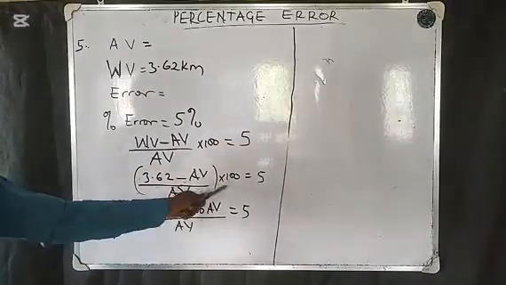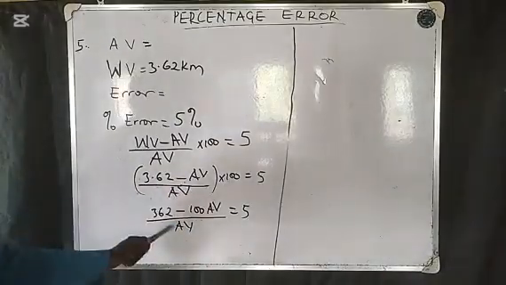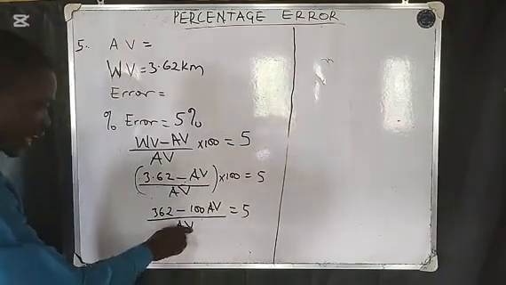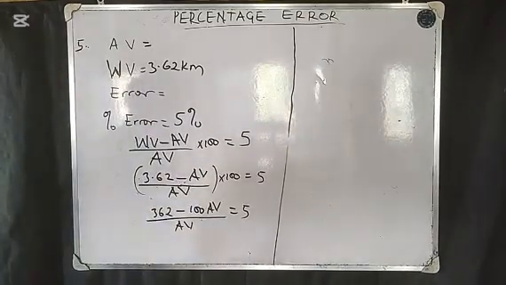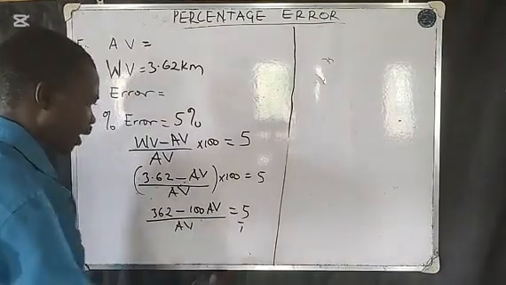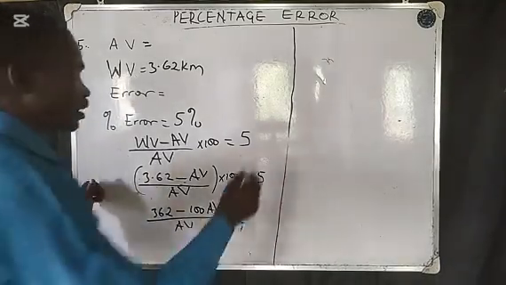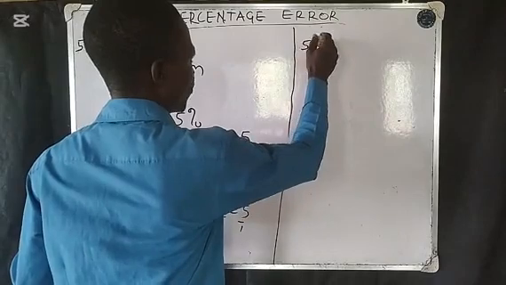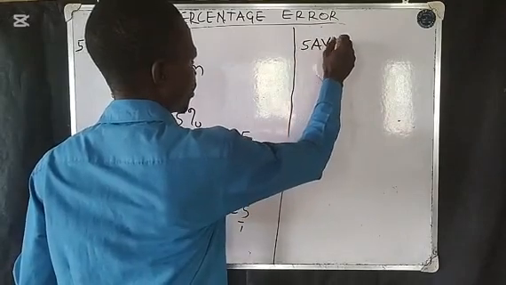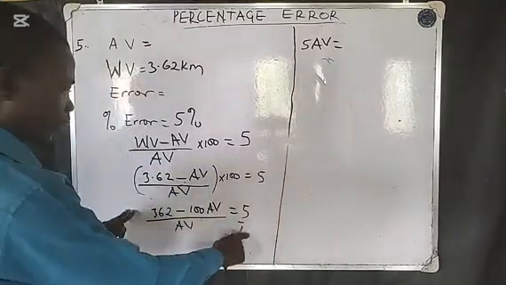That is why we say 100 times this, 100 times this. Then we have our denominator as actual value, AV. What do you do now? You cross multiply. So let's say 5 times AV first will give us 5AV. Anything you multiply by 1 will give you 1.